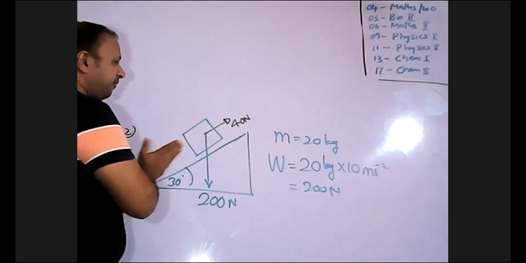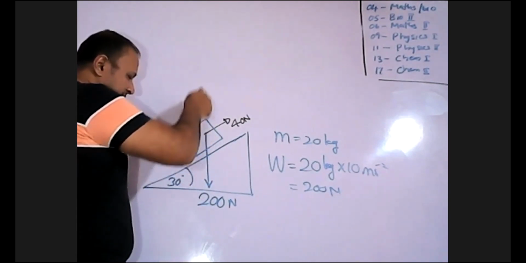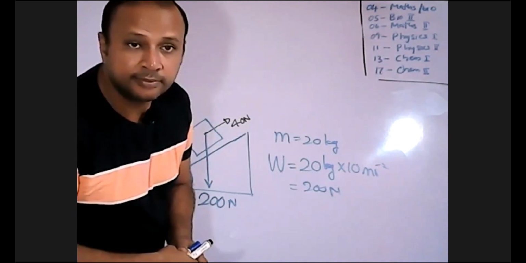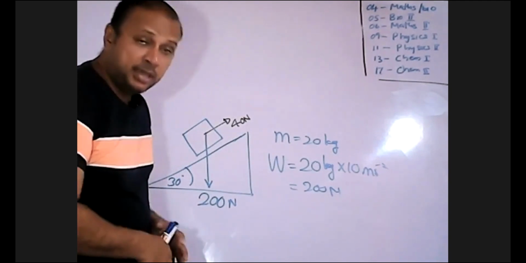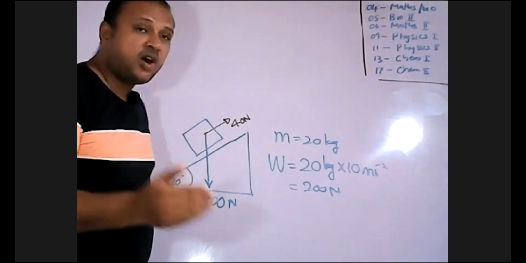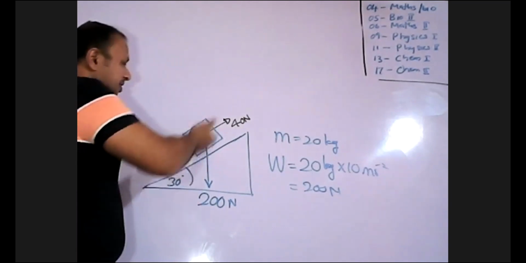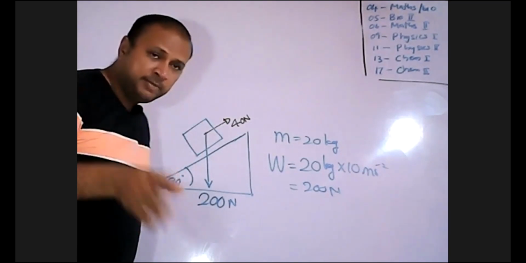One force is in the upward direction along the plane. The other one is in the downward direction. X and Y component means you have to resolve this 200 Newton force along the plane and perpendicular to the plane, not X and Y direction.